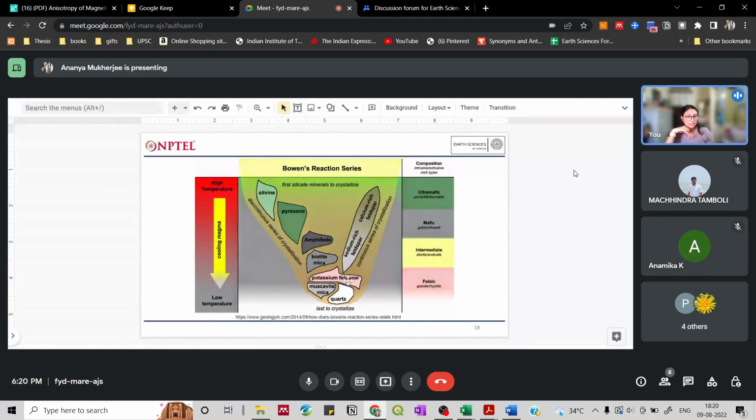We can see quartz is the last to crystallize. So if a rock starts melting, suppose there is a rock which contains quartz and it is melting, the first mineral that will melt is quartz. This is how we understand this diagram.